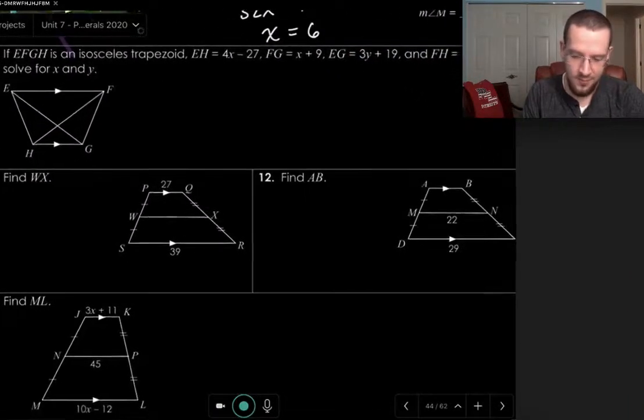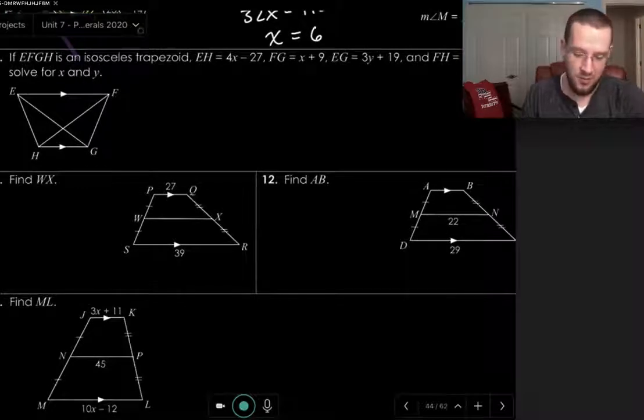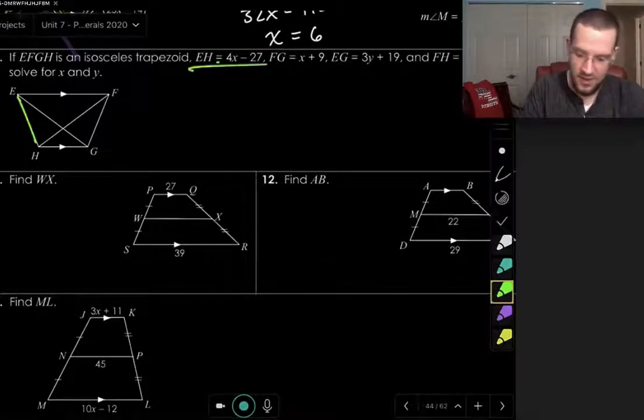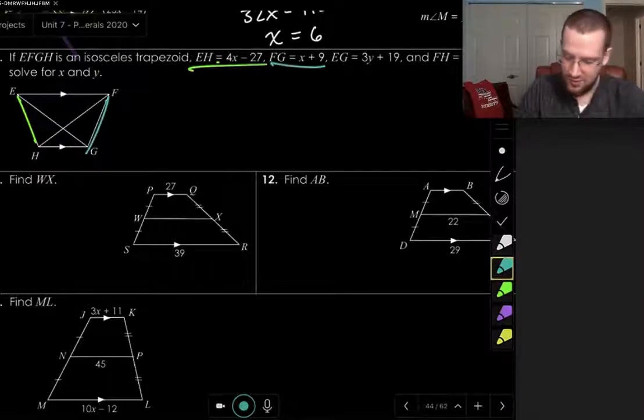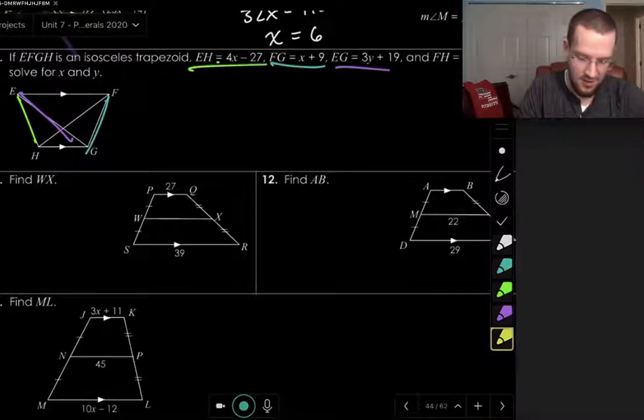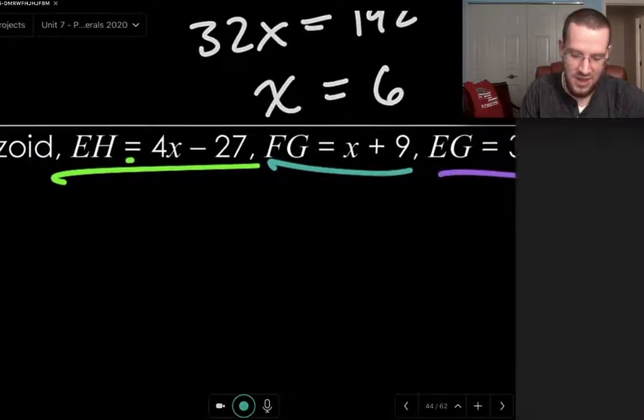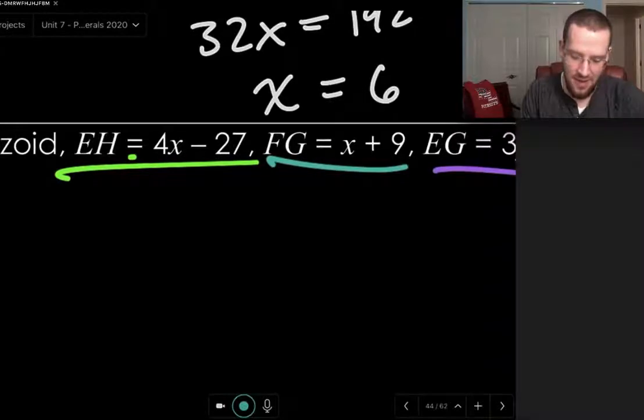Now let's look at this other one. We are told quite a bit of information. We're told that EH, what is EH? Oh, it's this one. EH is this measure, FG is this measure. We're told that EG is this measure, and then FH is this measure. So let's look at the green and the blue first. EH and FG.